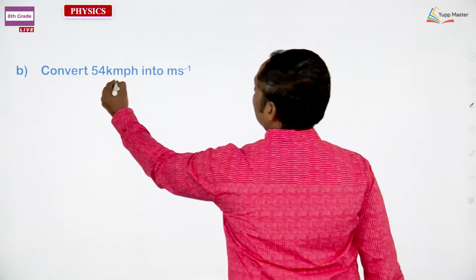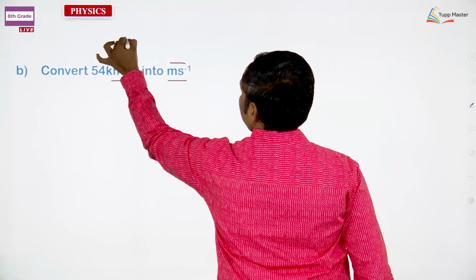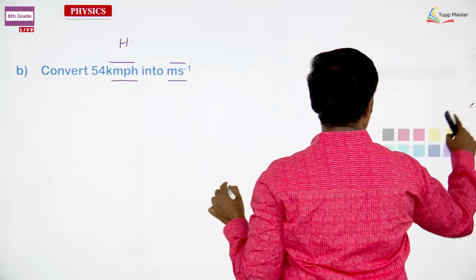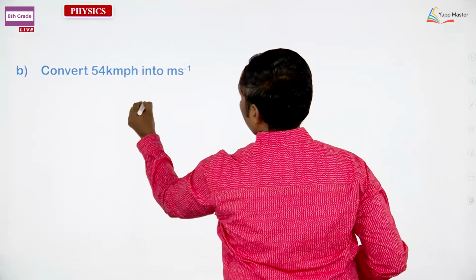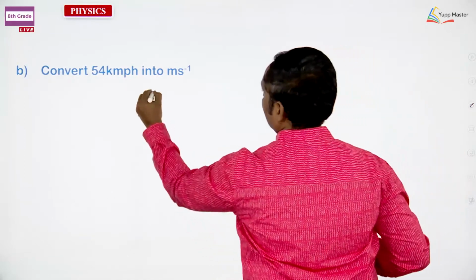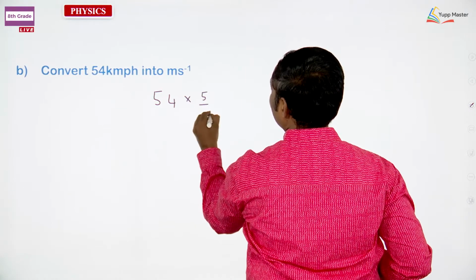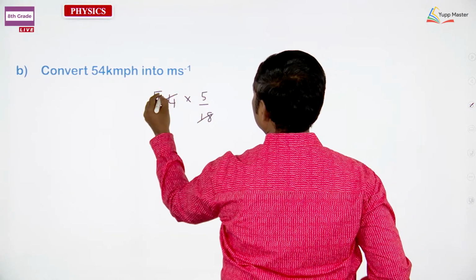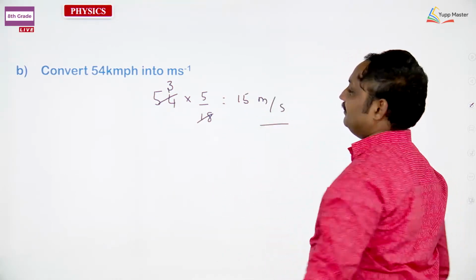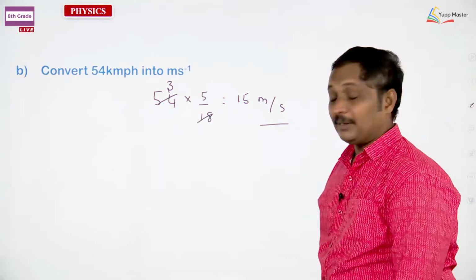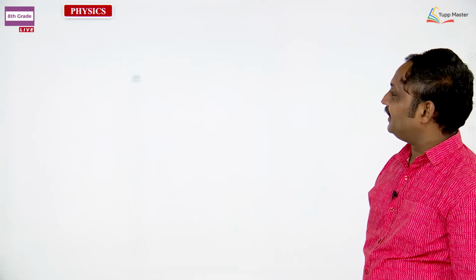We take 54 into 5 by 18, that is 15 meter per second. It's very clear. We get that by multiplication with 5 by 18, right. Let's go for another one.